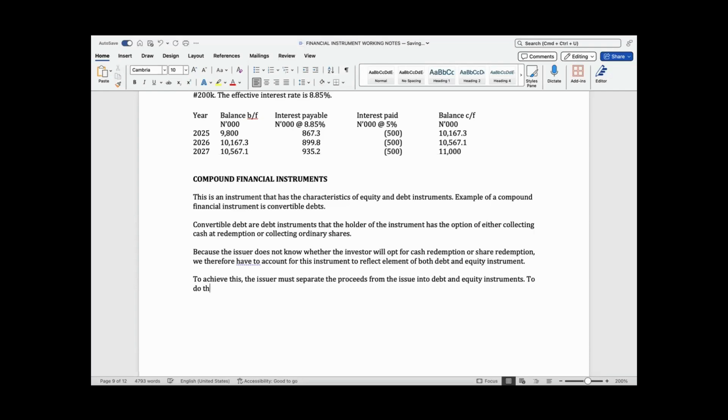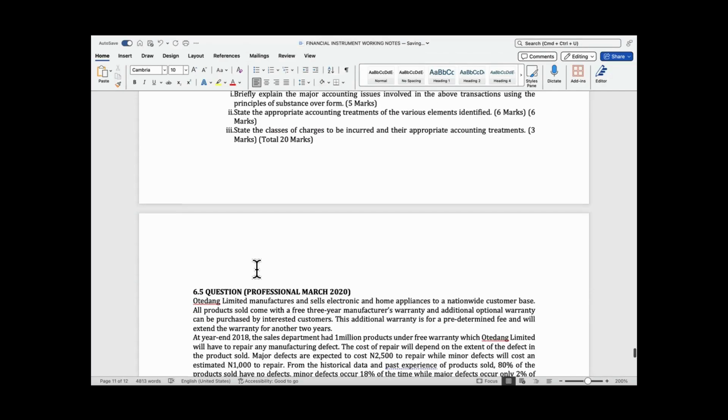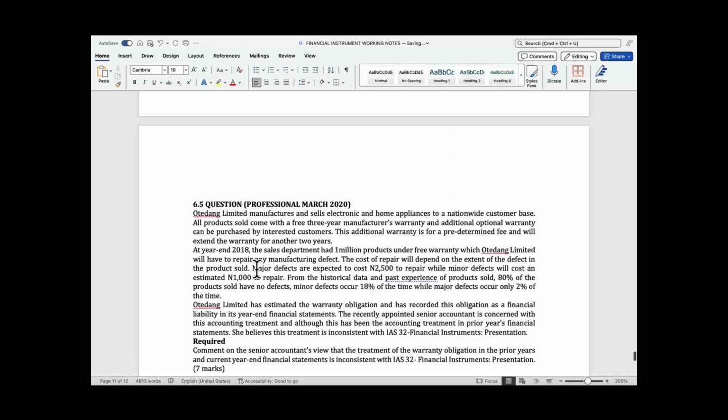To do this, we will determine the value of the debt and ascertain the equity instrument as the balancing figure. So how do we do this? Let me show you how we do this.